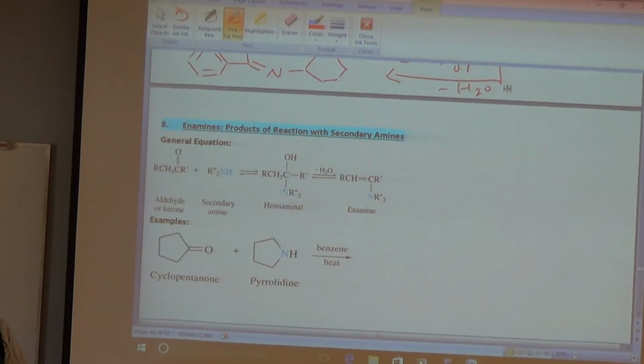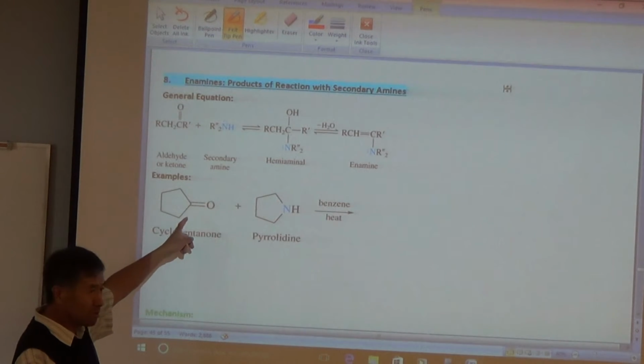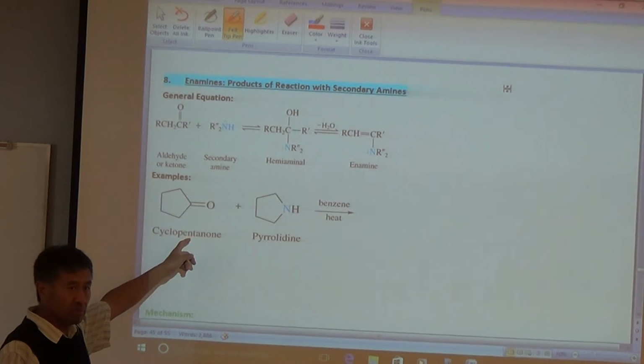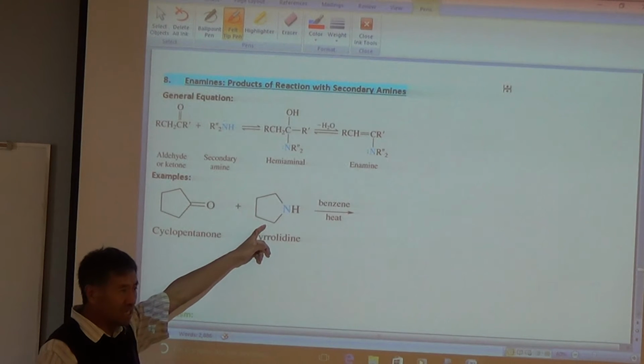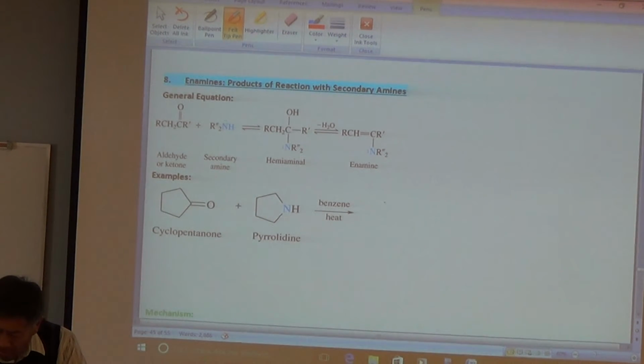Right. So for the reaction, let's first write what the product looks like, and then we'll go through the mechanism. Now here is a carbonyl. In this example, it is a ketone. And here you have a secondary amine. So what you produce is this.